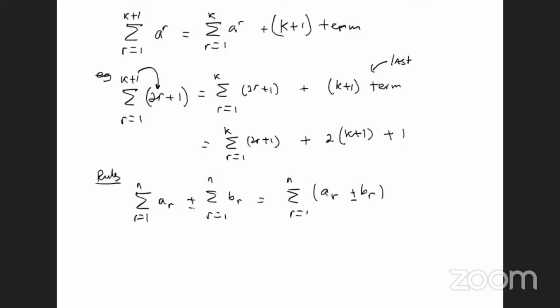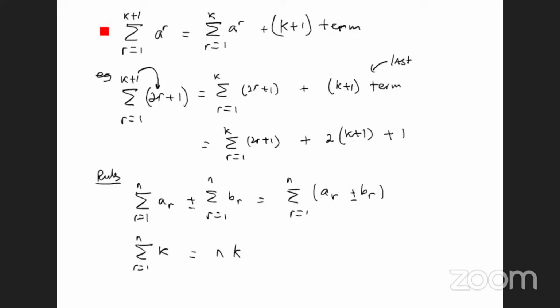And the next thing you could do is if you have the summation of a constant, the summation of a constant is simply the constant multiplied by the total number of terms. This is the most important rule here. That's the one that we're going to use more of now. So this is the most important slide, for those who screenshot this one here.